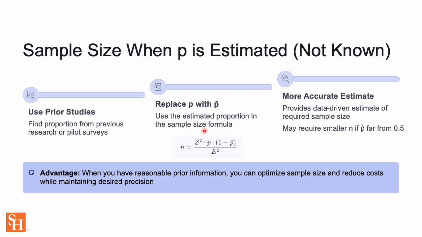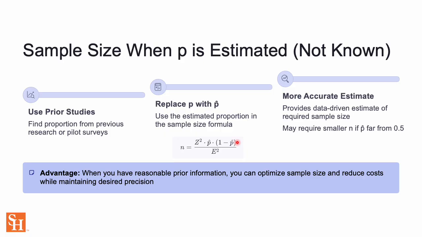So that means in this formula, we replace the p hat with the prior p that we have from some experiment, right? But even if we don't have any experiment, we can still calculate the sample size. In that case, for p we use the value 0.5, because 0.5 gives us the maximum sample size, right?